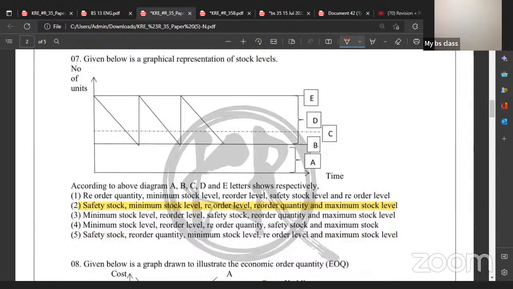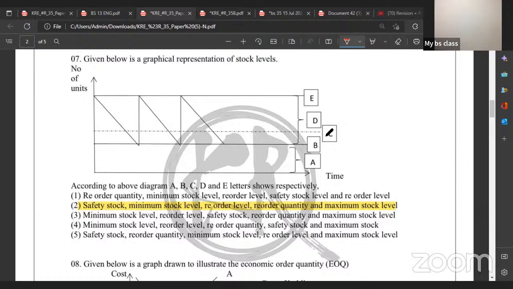Question number 7. Given below is a graphical representation of the stock levels. Right, now we'll see what we can come up with for this part. Right, guys, what is the first thing that you can identify?